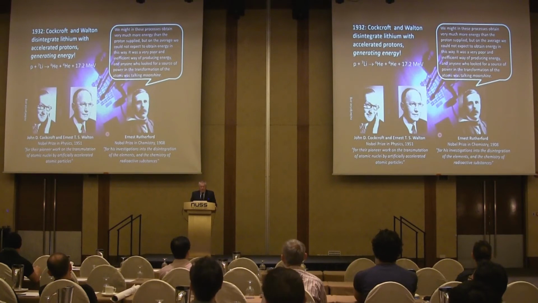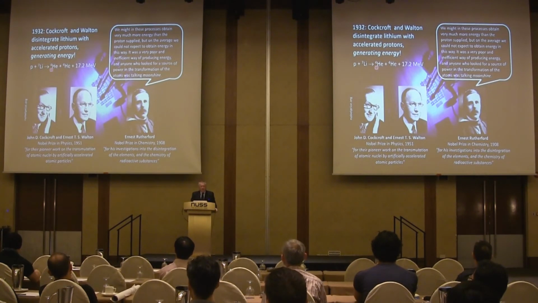So this had an amazing consequence, discovered soon after this remarkable experiment, also in the year 1932, in which Cockcroft and Walton at the Cavendish Laboratory built an accelerator that could accelerate particles up to of the order of 1 million electron volts of energy.